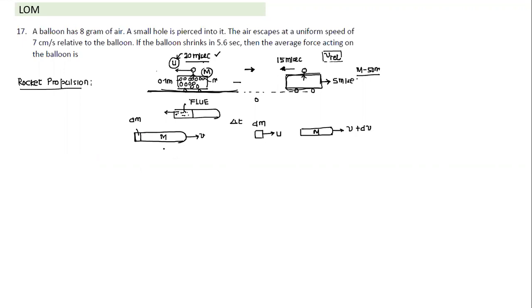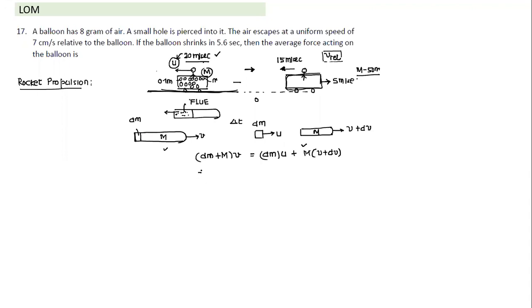In this case, the momentum here will remain the same as the momentum here, so we can conserve the momentum. Let's write the equation. Since all are in the same direction, the initial momentum, with total mass dm plus m, is (dm plus m) into v. That has to be equal to the final momentum: mass dm of the gas into u, plus capital M into (v plus dv). dv is the change in velocity in time delta t.